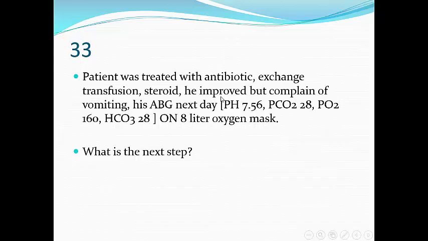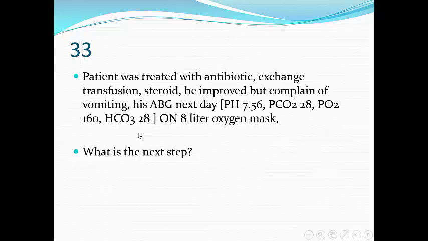Third step, what is the expected bicarb in acute hypoxic respiratory alkalosis? We expect the bicarb to decrease by 2 for each 10 decrease of PCO2. But we see the bicarb here is increasing.